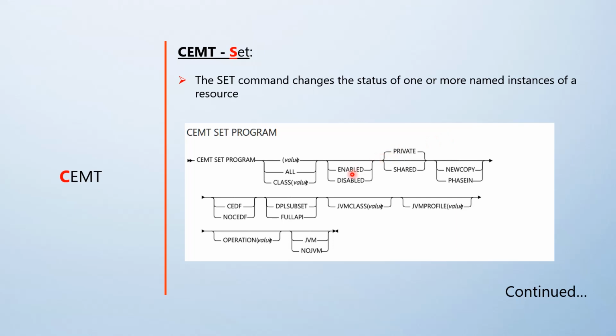You can make a program enabled or disabled, or you can new copy a program, that is, refresh the module. You can do all those which are supported. In this example we just use program, but you can change the status of many other resources which CMT set supports.